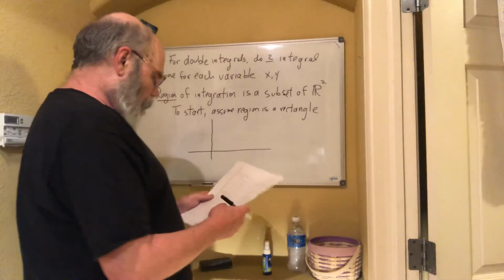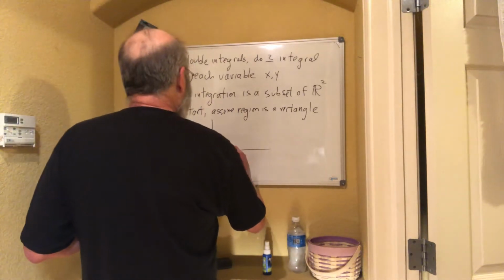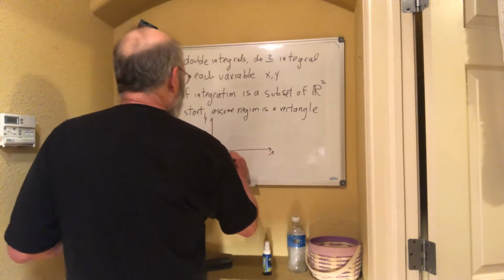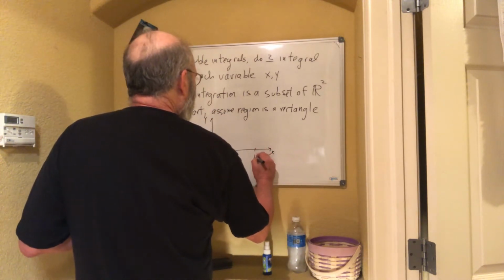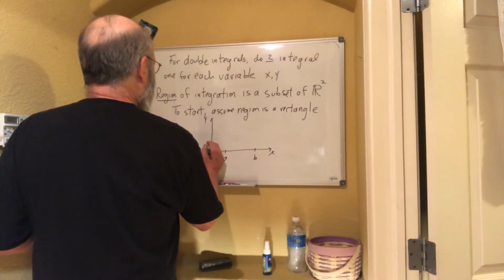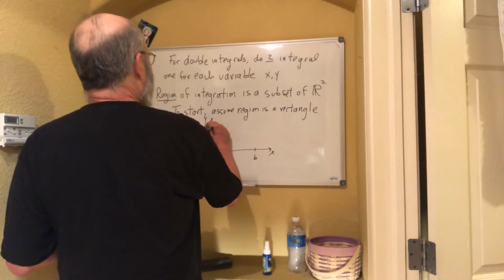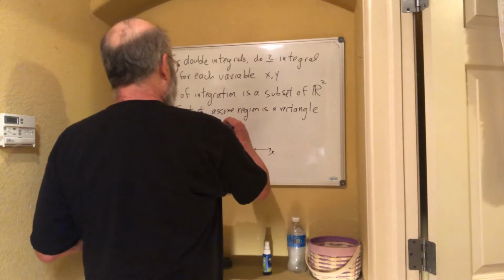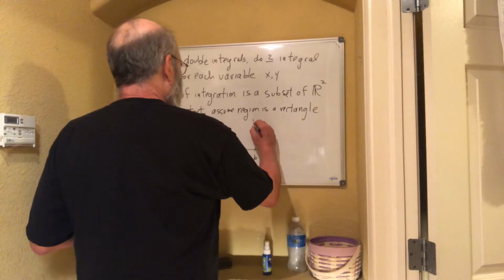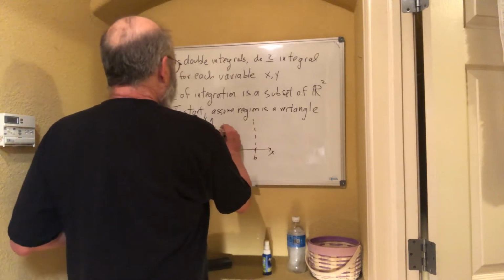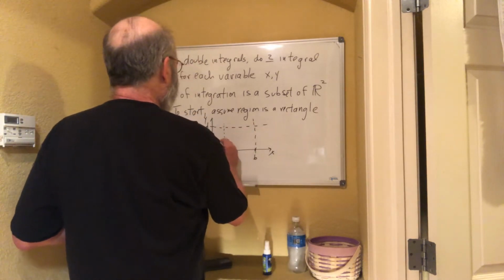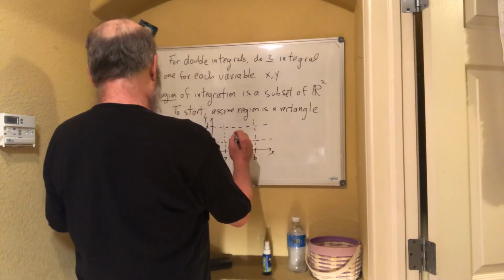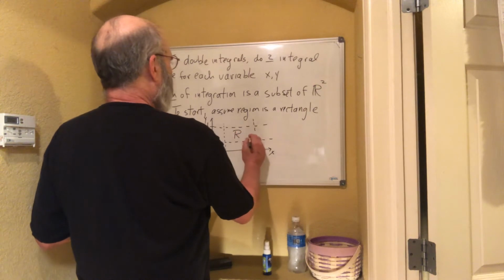So in this case, we'll just have two intervals that we break up, one in x and one in y. Let's write this out as R for rectangle.